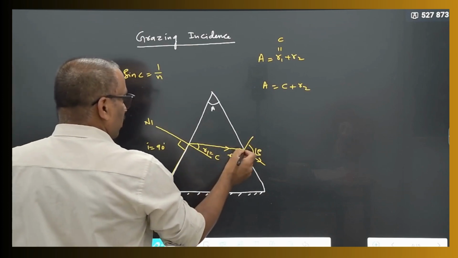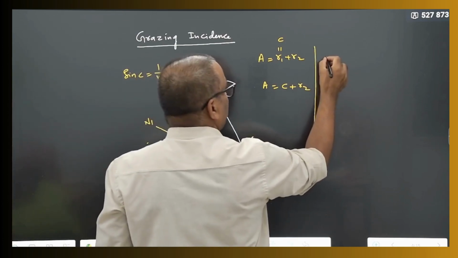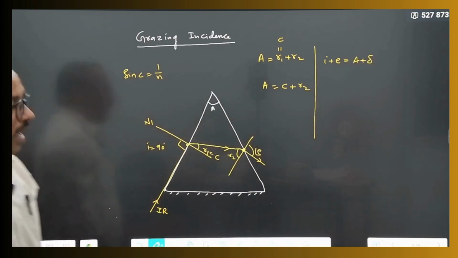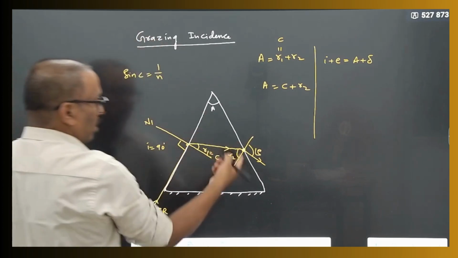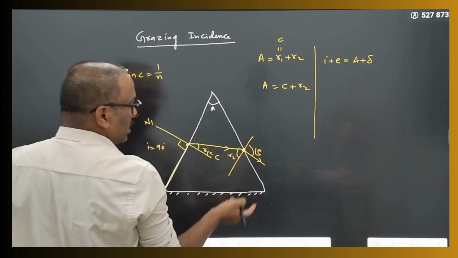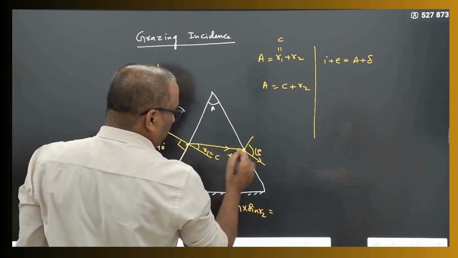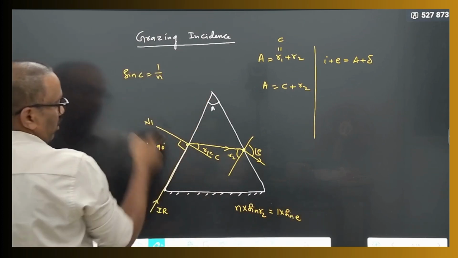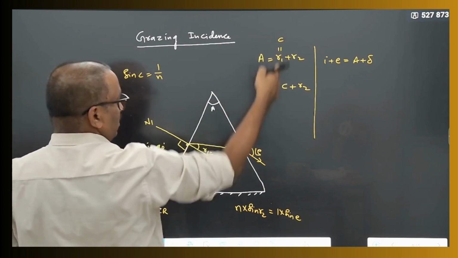So here you can apply the Snell's law: angle of incidence plus angle of emergence is equal to A plus angle of deviation. The angle of incidence you got as 90 degree; the angle of emergence you need to calculate. Again apply Snell's law: n into sin R2 is equal to 1 into sin E. The n value you can write by sin C, which is nothing but sin R1.